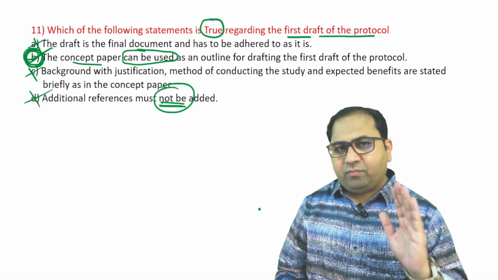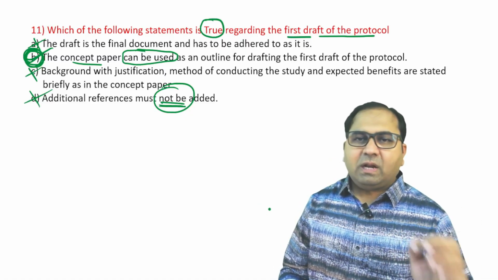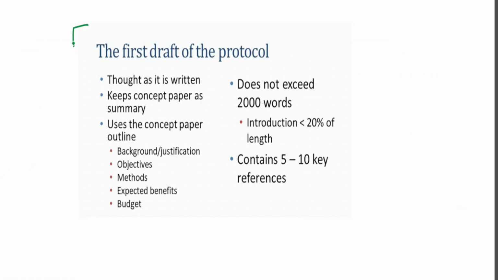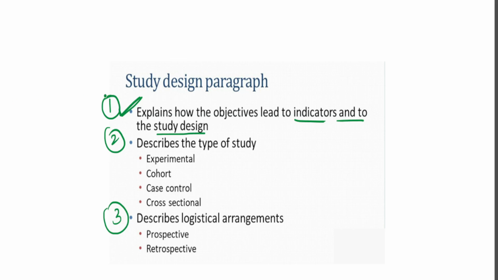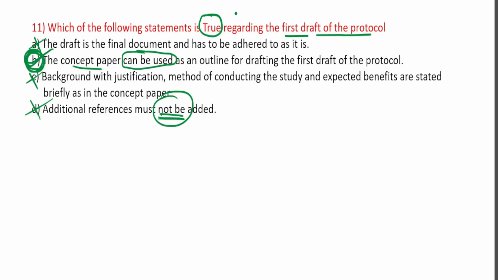Let us see a few points regarding the first draft of the protocol. This is regarding the first draft of the protocol. The first point is that it is thought as it is written. It keeps the concept paper a summary and uses the concept paper outline. So in our question, the true statement was that the concept paper can be used as an outline for drafting the first draft.